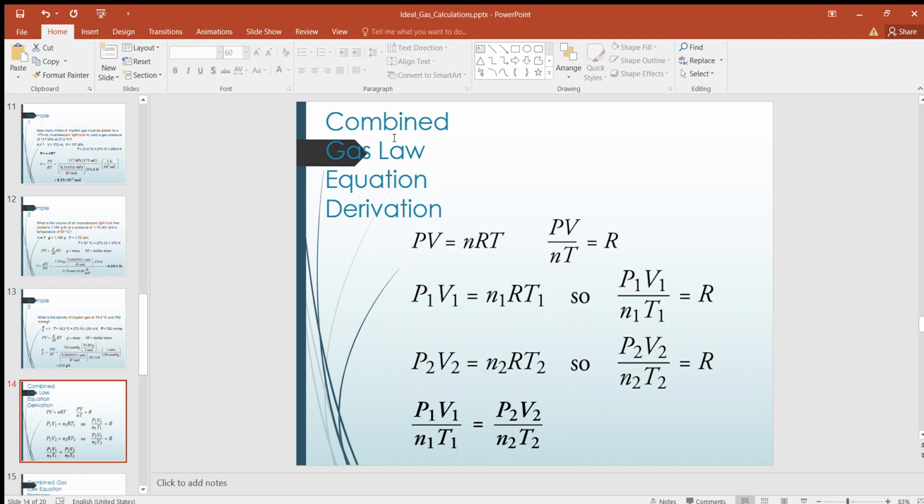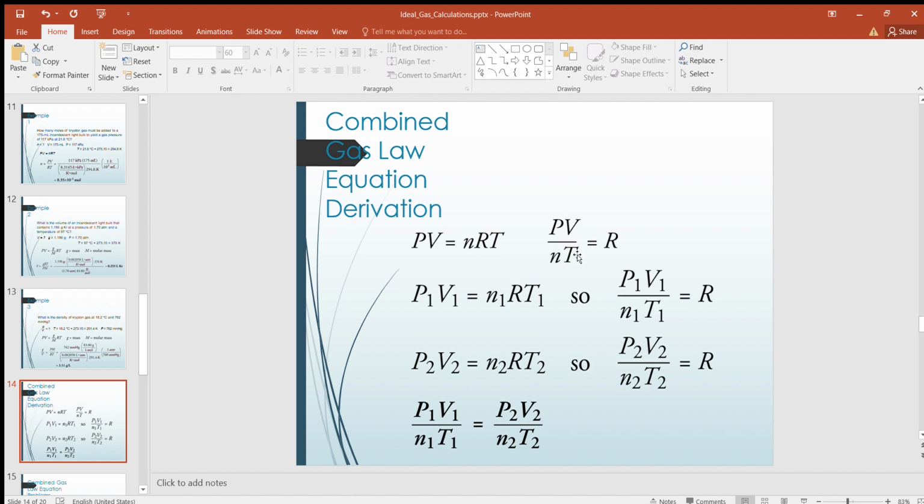This next type of problem is the combined gas law equation derivation. We know that PV is equal to nRT, and PV upon nT is equal to R. So suppose here R is constant. P1 V1 is equal to n1 R T1, and PV upon nT is equal to R, so P1 V1 upon n1 T1 is equal to R. R we are taking as a constant here, not PV.